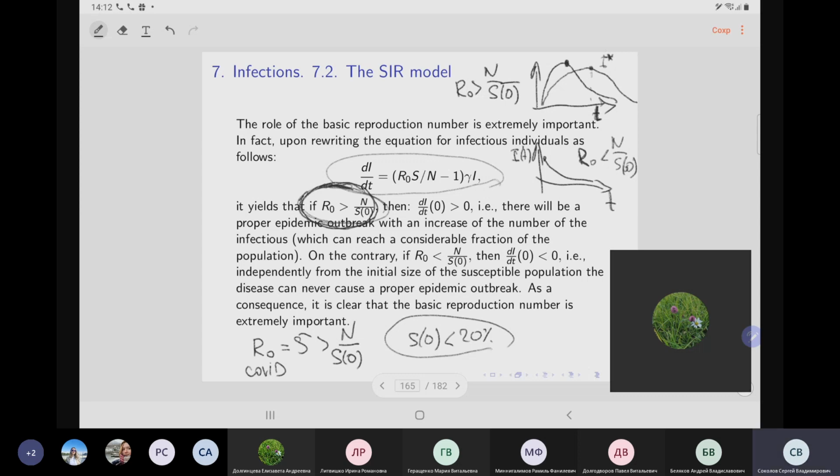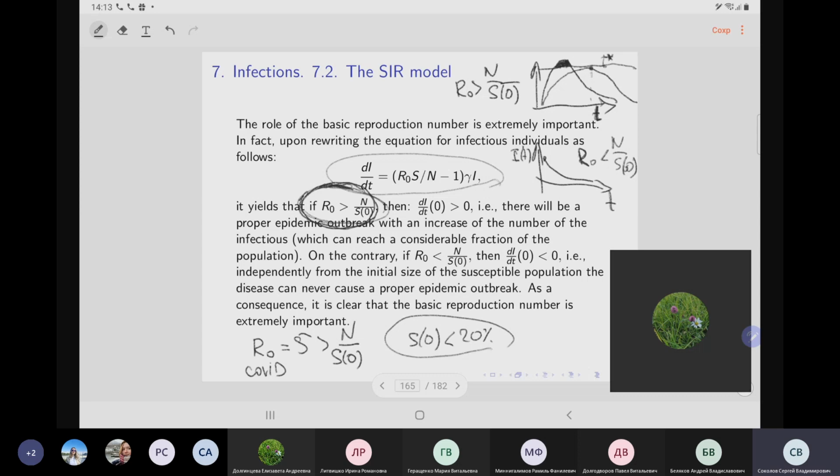So if the capacity of our hospitals is, for example, here, we can see that the theoretical peak is higher than the possibility of our medicine, and that means that a lot of people will die at this peak because they can't get proper help.